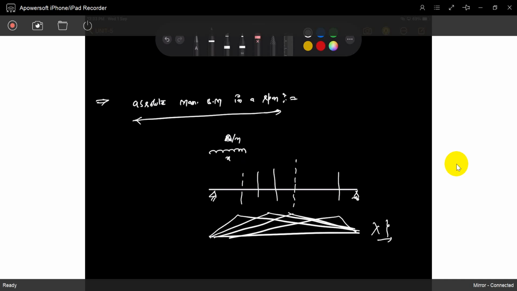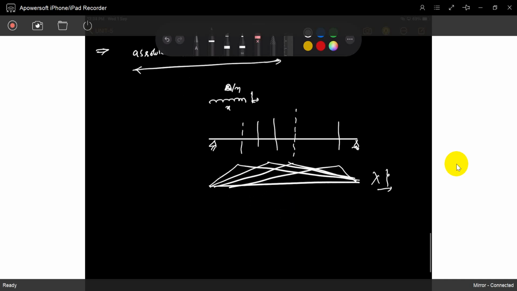But the meaning of absolute maximum bending moment in a span is that at every section you have to check where we will get the maximum bending moment in total. No need to check everything; we feel the maximum bending moment will occur at mid-span for a uniformly distributed load. It is easier.